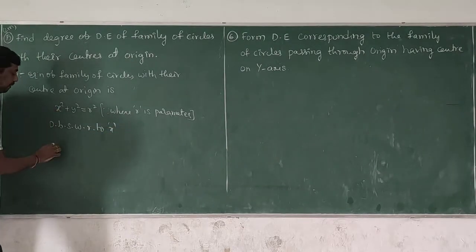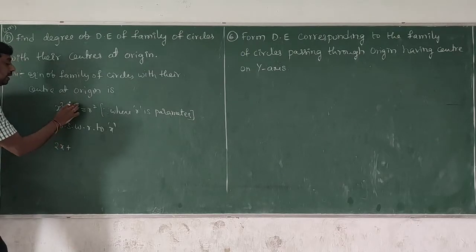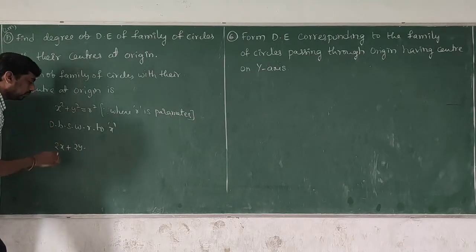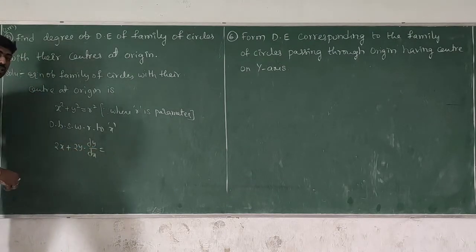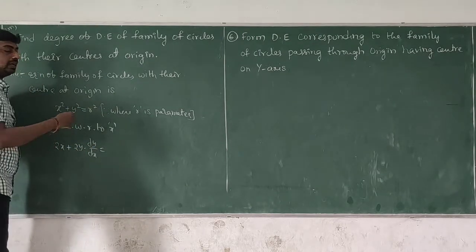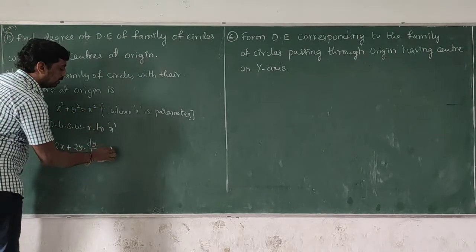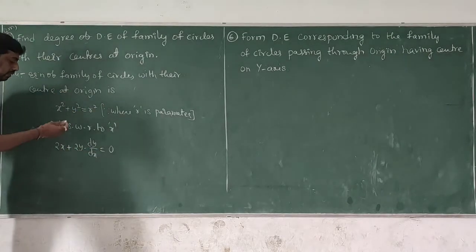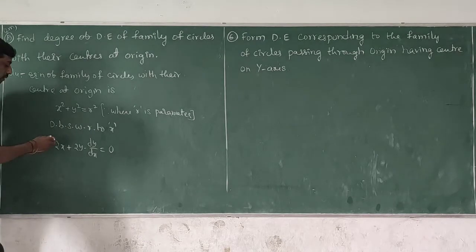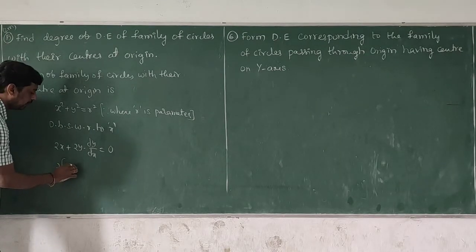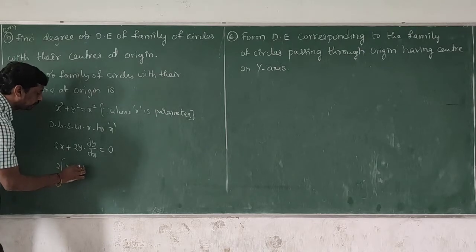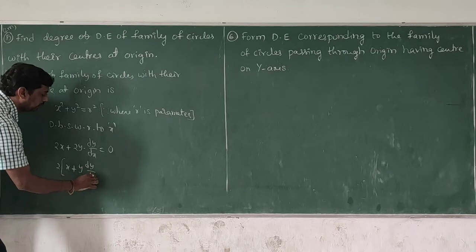x square differentiation is 2x. y square differentiation is 2y into the internal function derivative dy by dx, equal to the derivative of r square, where r is a parameter. Parameter differentiation, that means constant differentiation, is 0. From this equation we take 2 common from each and every term, remaining x plus y into dy by dx equal to 0.